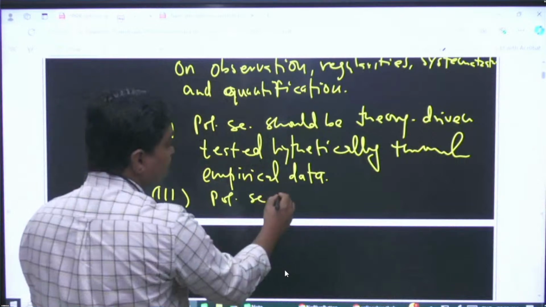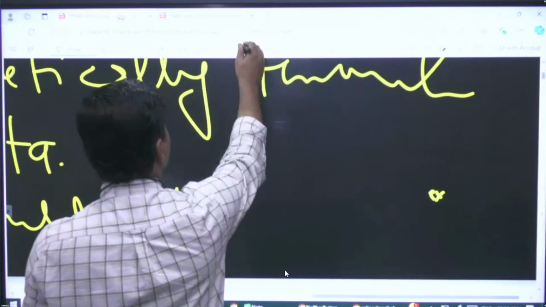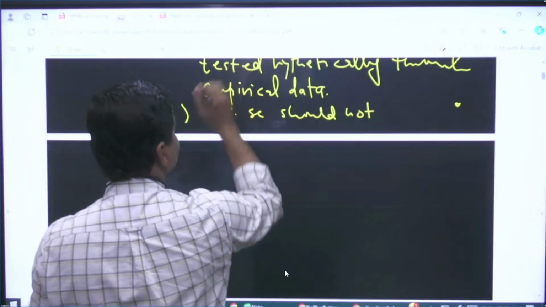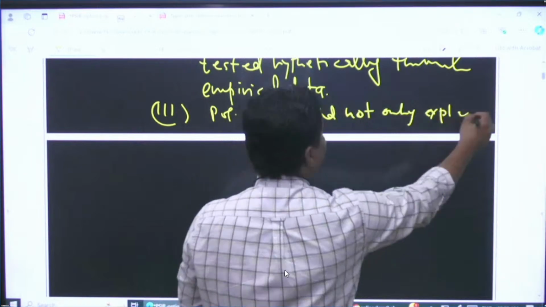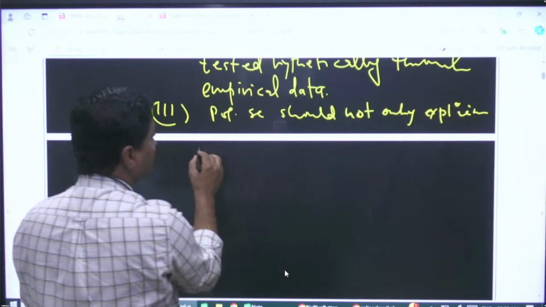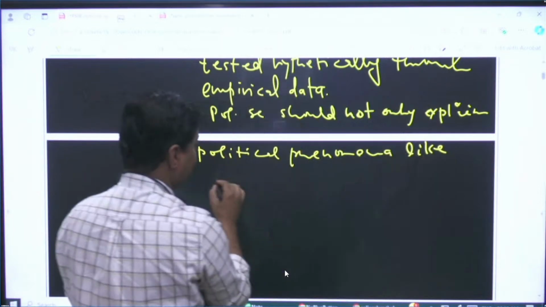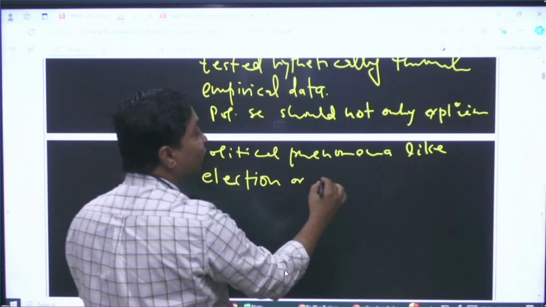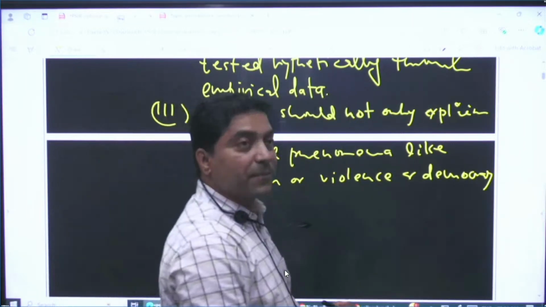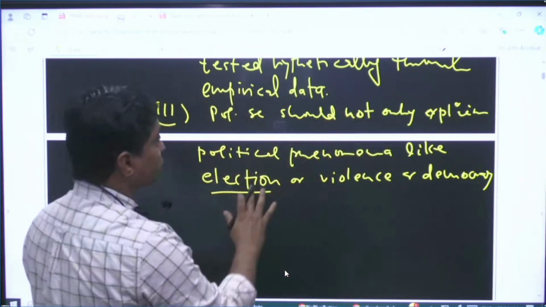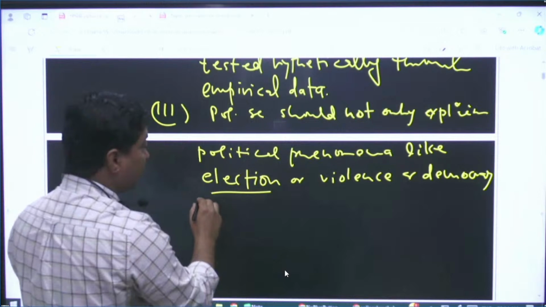So third, political science should not only explain political phenomena like election, violence, or democracy, because an election is a political phenomenon.